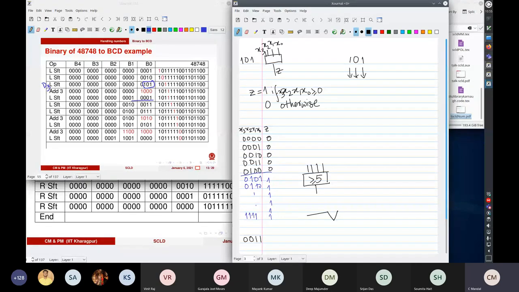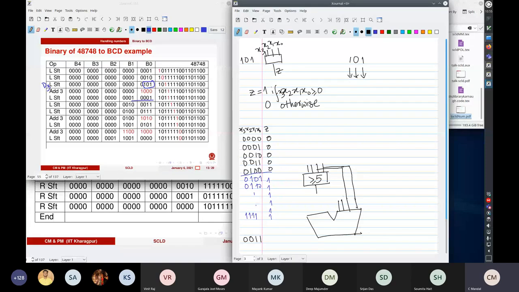This is the usual symbol for an adder. You have an adder, and to that you have these 4 lines. These are the same 4 lines which you had there.